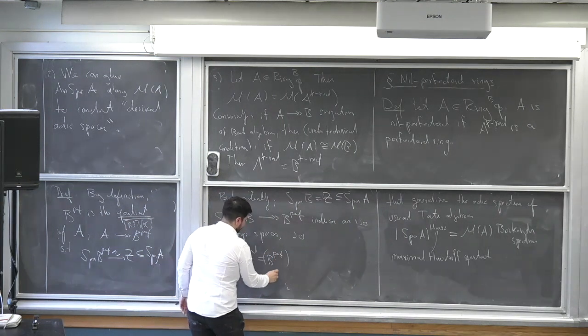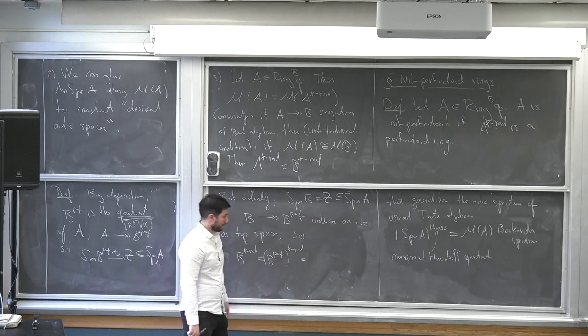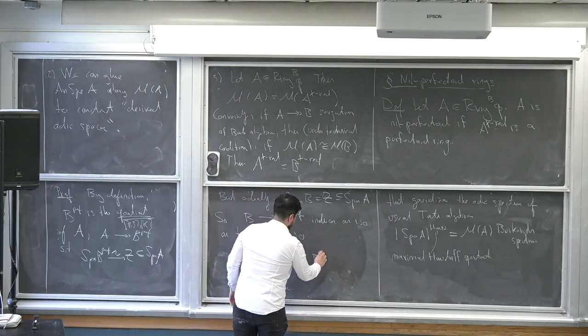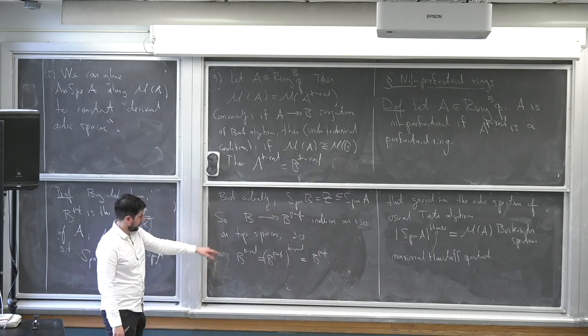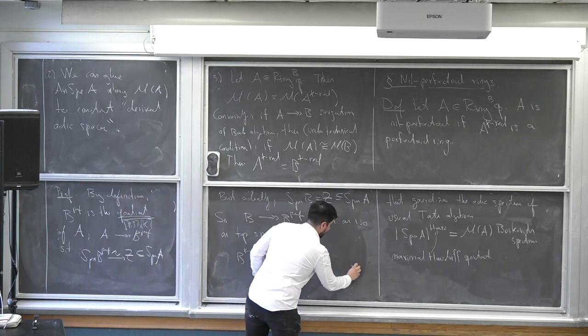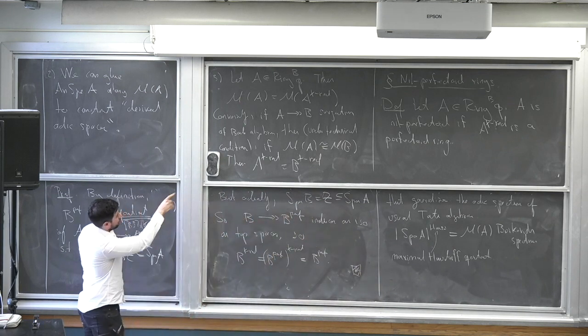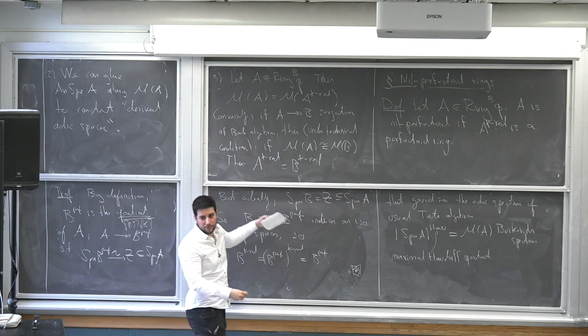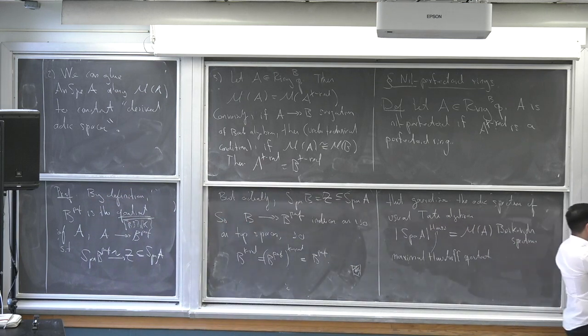But this is a perfectoid space, and perfectoid spaces are already reduced. So indeed, we have the reduction. At least from this point of view, this notion of nil perfectoid is actually a generalization of the notion of semi-perfectoid ring, in the sense that for any semi-perfectoid ring, the reduction is basically the perfection.